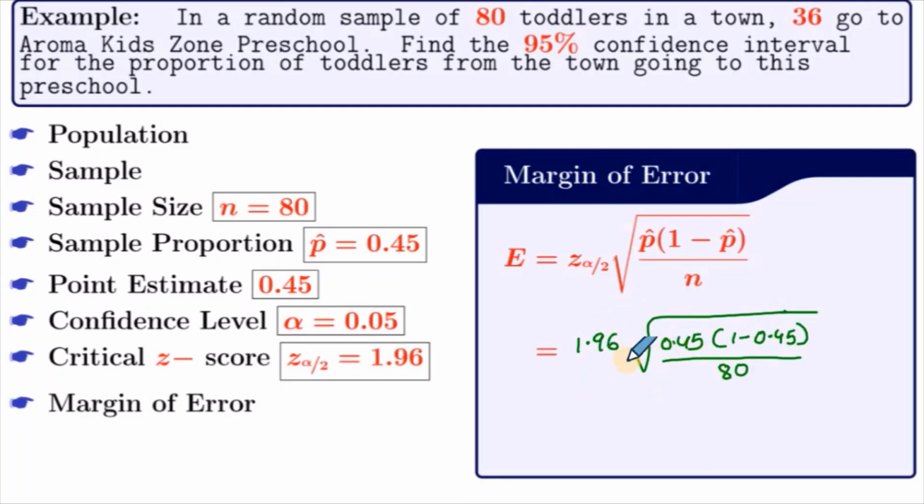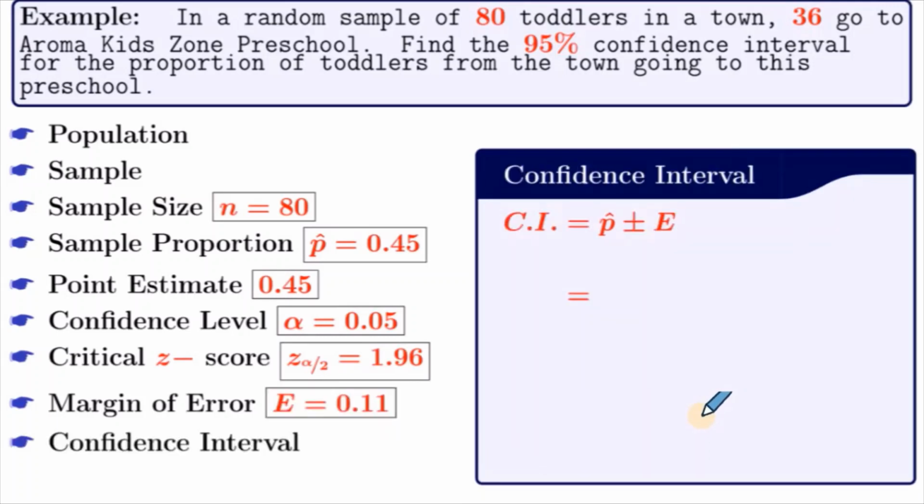Once we have this formula set up, you can enter it in your calculator and get the answer. This whole thing is approximately equal to 0.11, which is E, that is the margin of error.